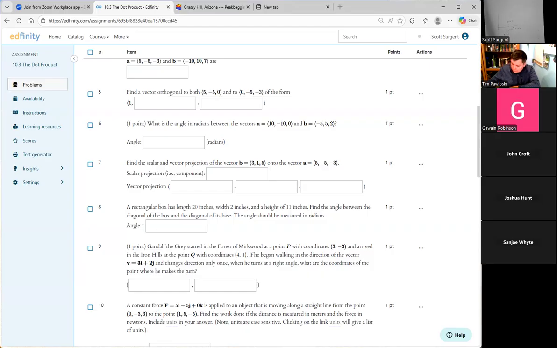All right. So Gandalf the Grey starts in the forest of Mirkwood at a point P, coordinates 3, -3, and arrives at the Iron Hills at point Q with coordinates 4, 1. But unfortunately, he starts walking in the direction of 3i plus 2j, and he's allowed one right angle turn.